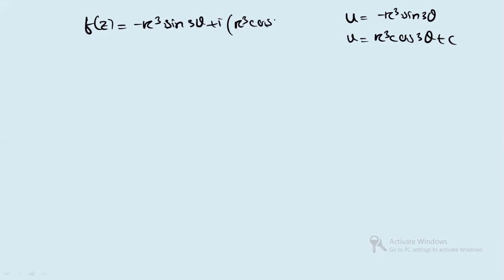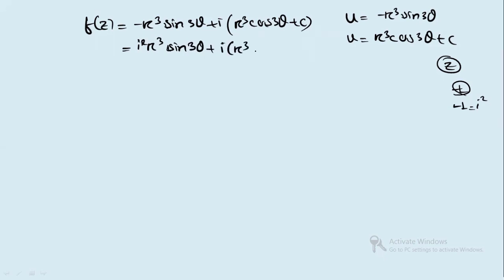Now you see you have to write fz in terms of z, right? So here if you see in this case, you are having here what? This is minus, okay, and we know minus 1 is equals to what? i square. So we will substitute here i square r cube sin 3 theta will be as it is, okay, plus i r cube cos 3 theta plus c, it will be same.